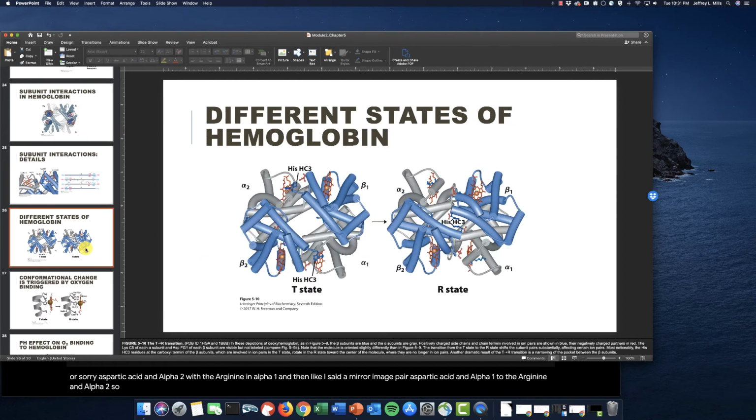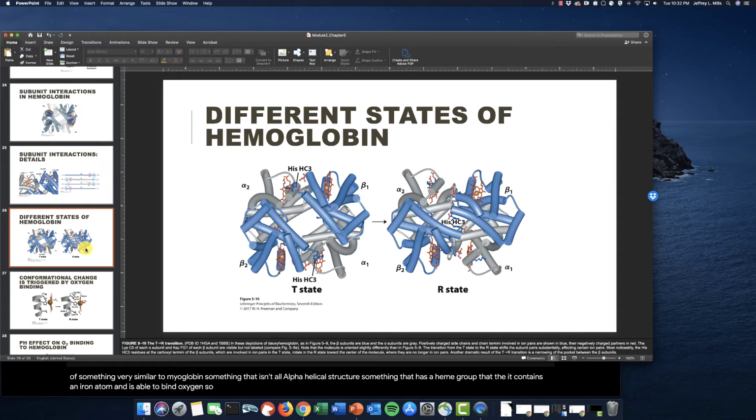So when we take all of this and add it together, what we end up with is a protein that has 4 binding sites. Each one is comprised of something very similar to myoglobin, something that is an all-alpha helical structure, something that has a heme group that contains an iron atom and is able to bind oxygen.